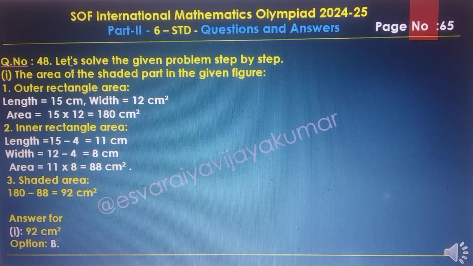Finally, we are getting 180 minus 88, which is 92 centimeter square. So the answer for the first one is 92 centimeter square, option B.